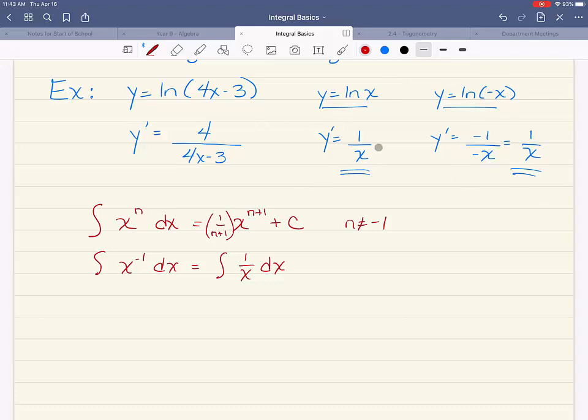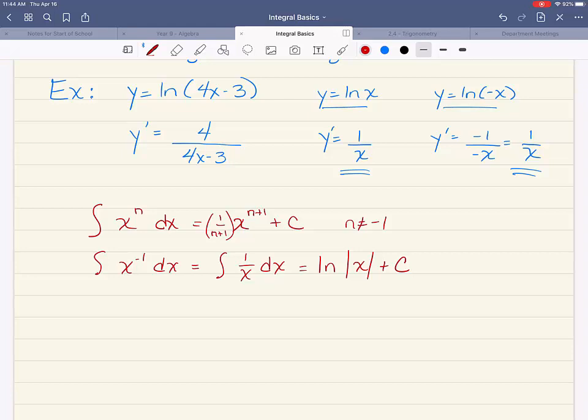However, if the derivative is 1 over x, I could have two different answers. I could have ln of x or I could have ln of negative x. So how do you know which one it is? You really don't. So what we do is we write it as the natural log of the absolute value of x plus c. That way, whether it's positive x or negative x, it takes care of both of them.